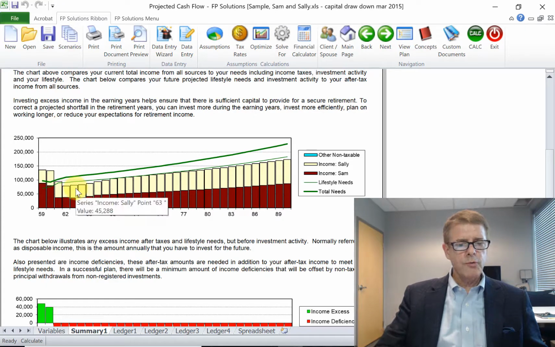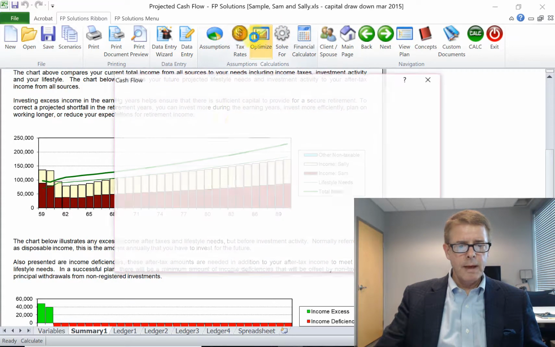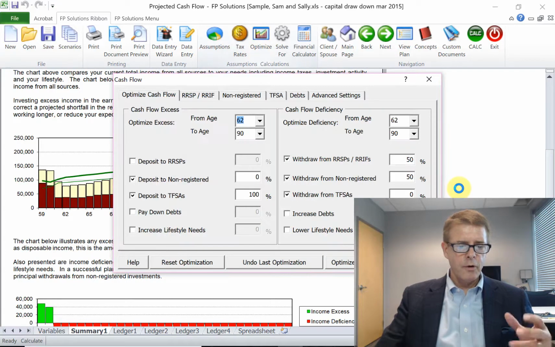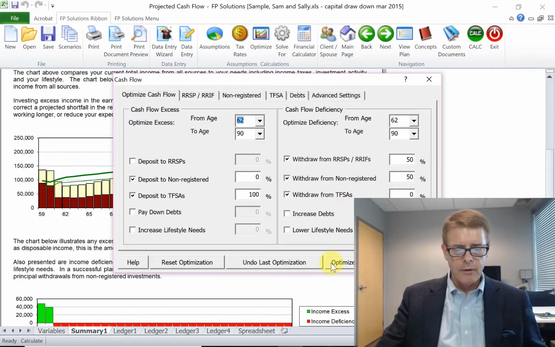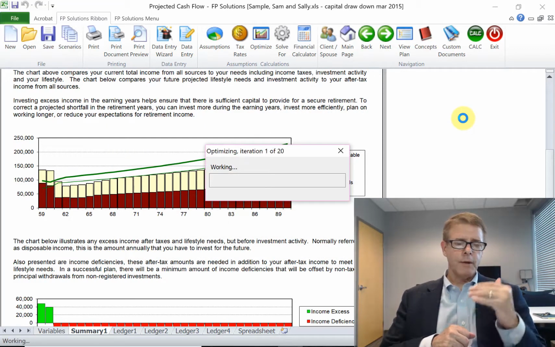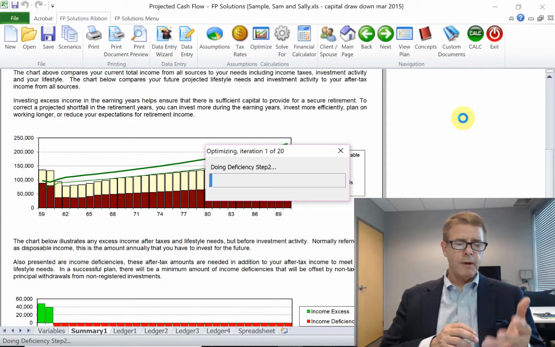So what we're going to do is go back into the optimizer, and we're going to pull out every single year from their portfolio assets, RSPs, non-registered, and then eventually down the road tax-free savings accounts. We're going to start pulling capital out. So the program will go through and it does a year-by-year calculation. Based on what comes out of the RSPs, open account, there might be some capital gains triggered.